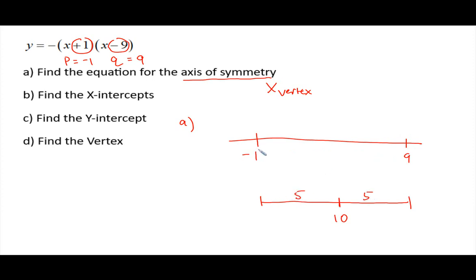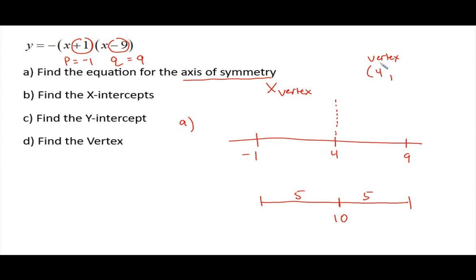From -1, you can move to the right 5 spaces. So where would that be? From -1, if we move to the right 5 spaces, we're going to be at +4. So we know the vertex is going to go through +4 on the x-axis, so the x value of the vertex is going to be 4.